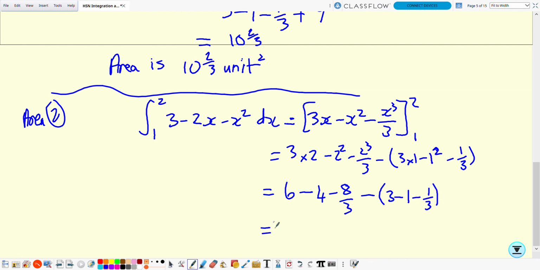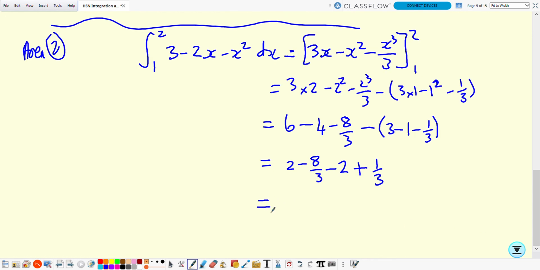So altogether, if we tidy all of that up, dealing with your whole numbers here, you're going to have 2 minus 8/3, and then from that bracket you would have your 3 minus 1 is 2, but we've got a negative outside, so we've got negative 2, but we would also have plus a third. Tidy all of that up and you end up with negative 2 and a third.